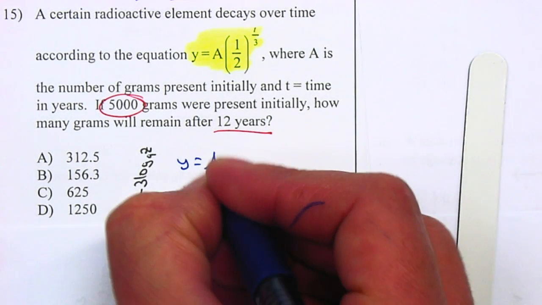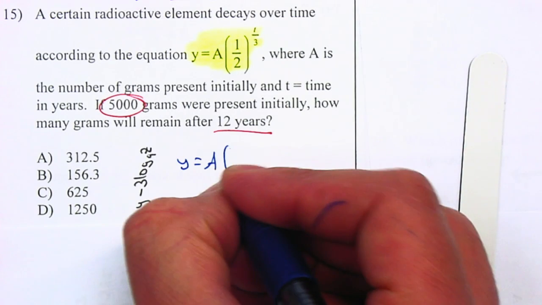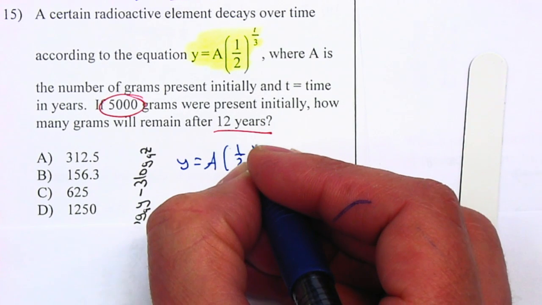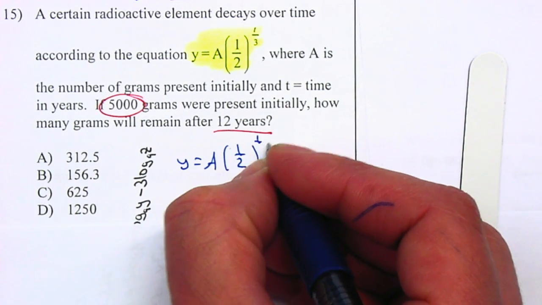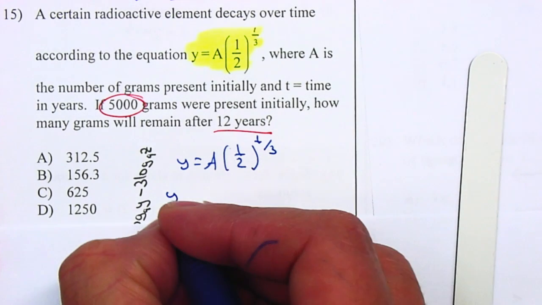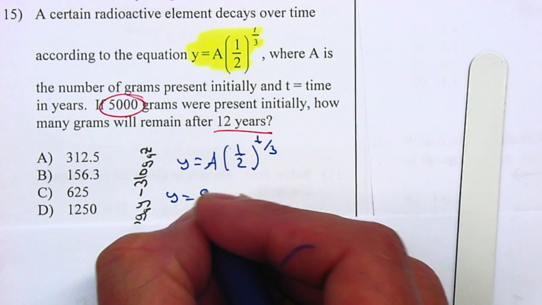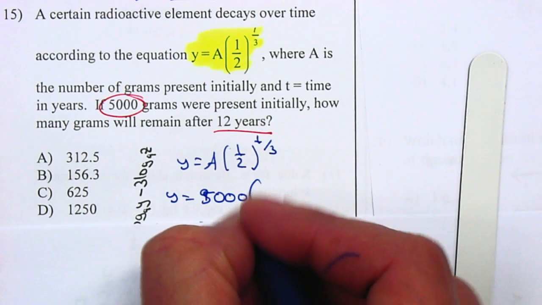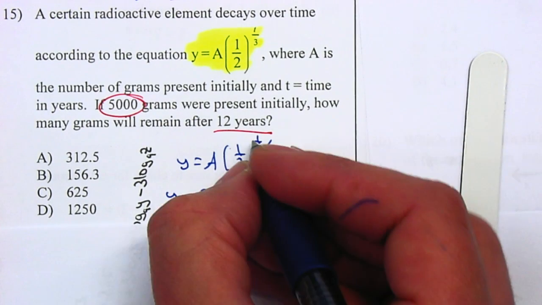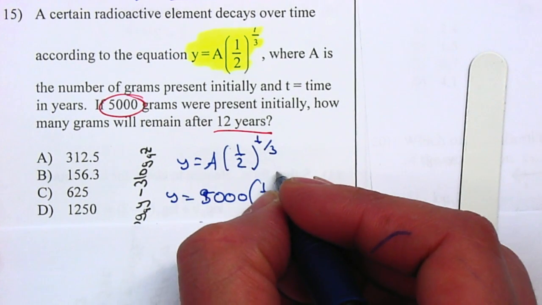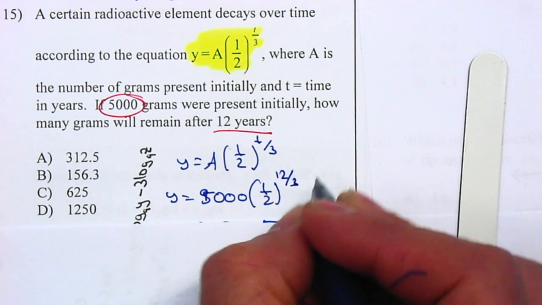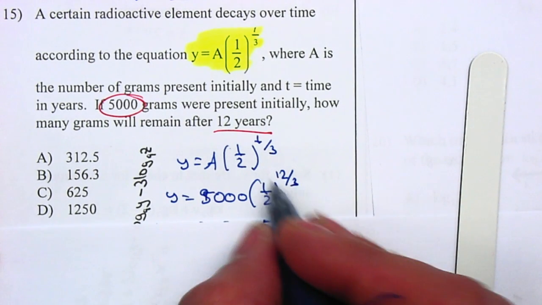Y is equal to A, we have 1/2 to the T over 3. So instead of the A will be 5,000, 1/2, and instead of the T will be 12 divided by 3. Now the 12 divided by 3 is an exponent.